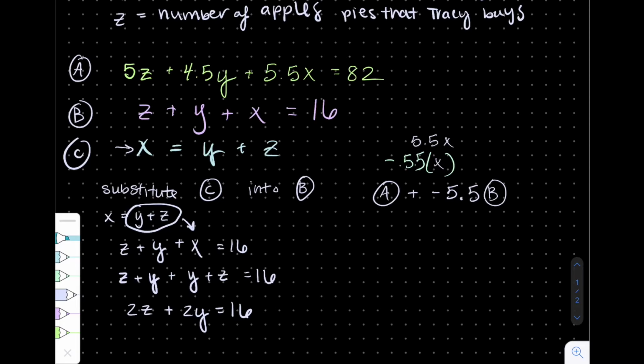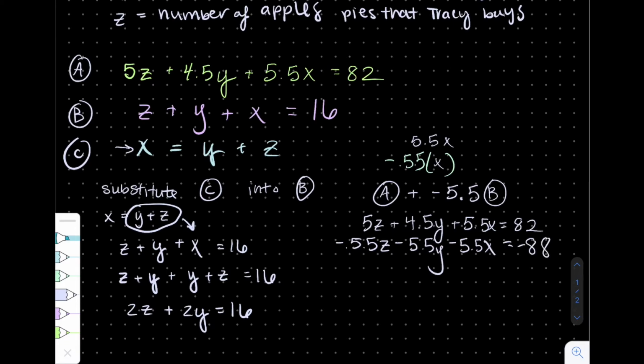So A is 5z plus 4.5y plus 5.5x equals 82. Negative 5.5 times B, well, all the coefficients are just going to become negative 5.5. Negative 5.5z minus 5.5y minus 5.5x equals, I don't know that off the top of my head, 16 times negative 5.5 is negative 88.